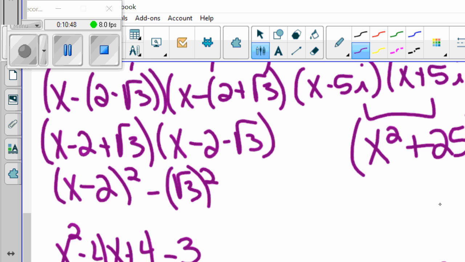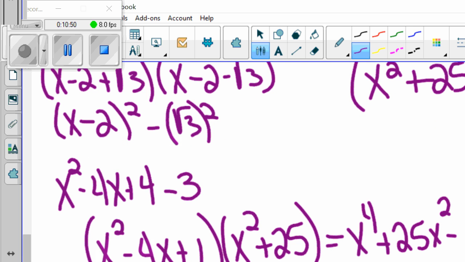It said polynomial q, so this is going to be q of x equals x to the 4th degree, so we'll get there, minus 4x cubed plus 26x squared minus 100x plus 25. There is my 4th degree polynomial.